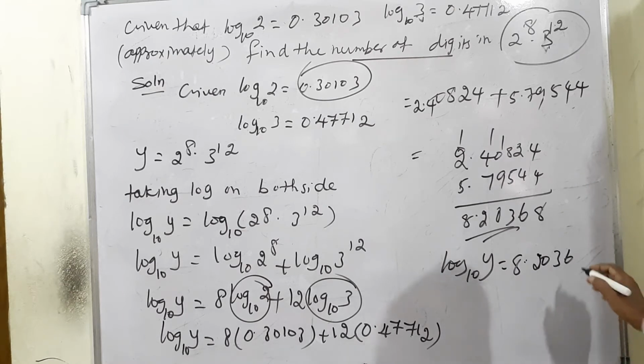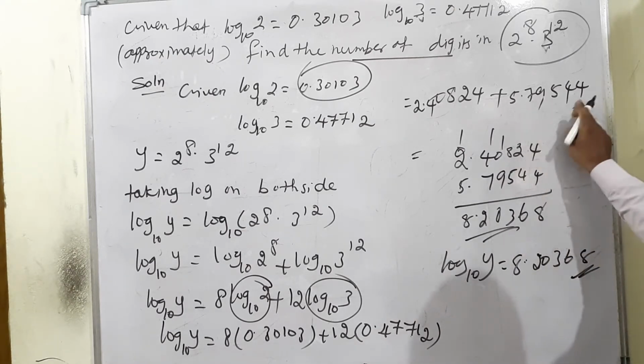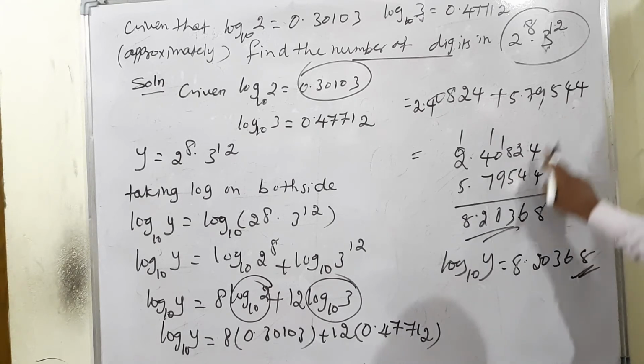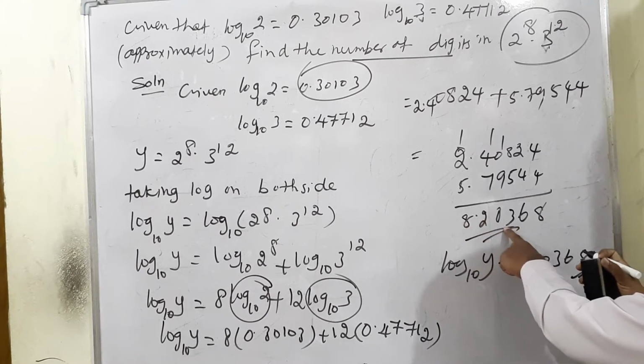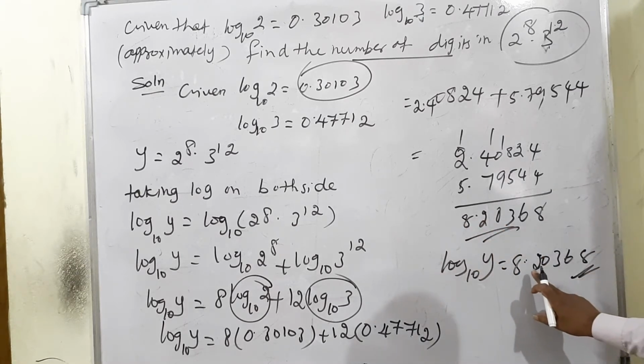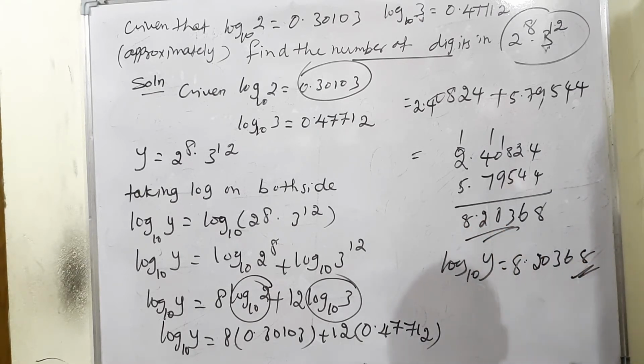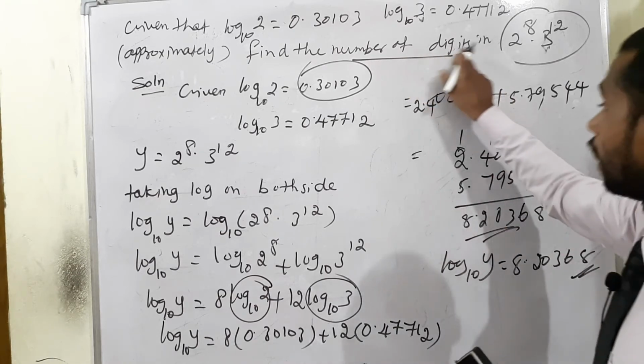I think maybe a mistake is there, because the main condition is the whole number, 8 point something will come. Therefore, the main term 8.2036 means we have to find out the number of digits.